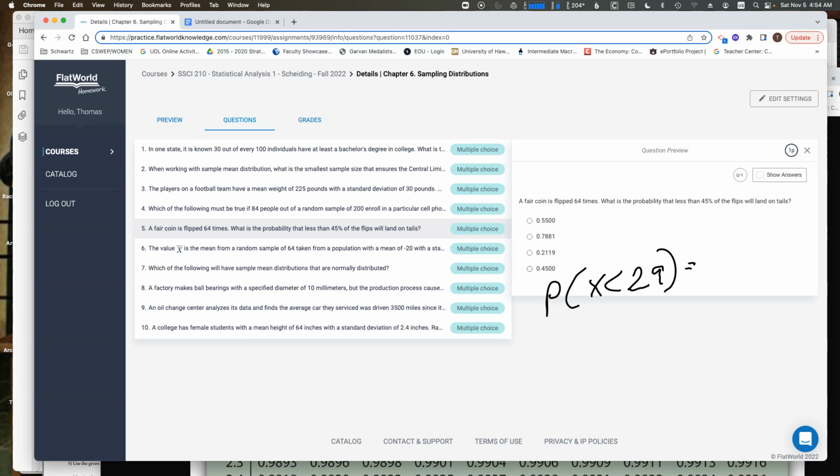So that puts us at 29 minus 32, right? Because 32 would be, if it was a completely fair coin, we'd have 32 times of getting tails, 50% of the time getting heads.